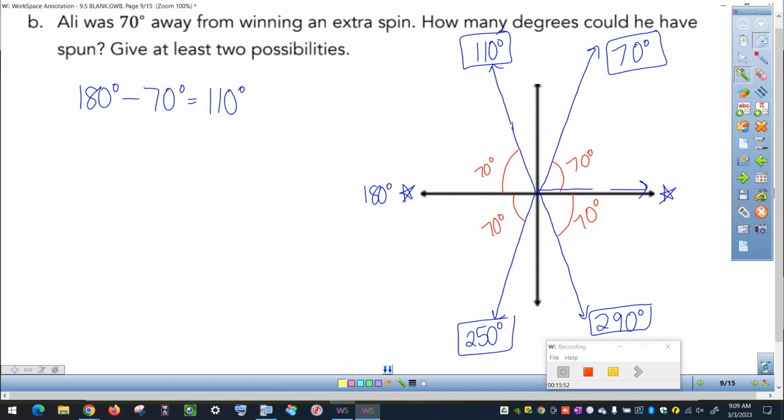I want to give a name to this distance that we have been measuring in the previous 2 problems with both Jacoby and Allie, how many degrees they are away from getting the extra spin. That is something special called a reference angle.